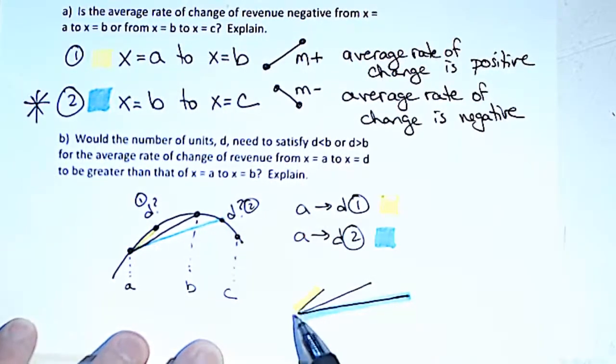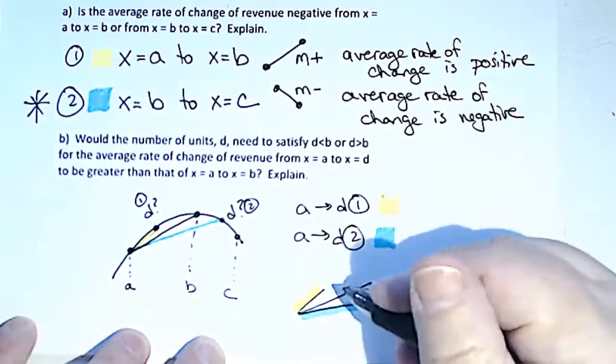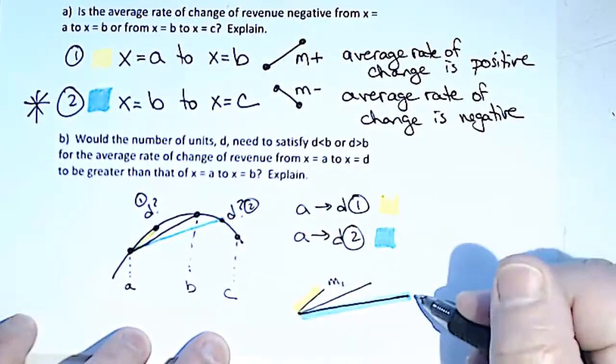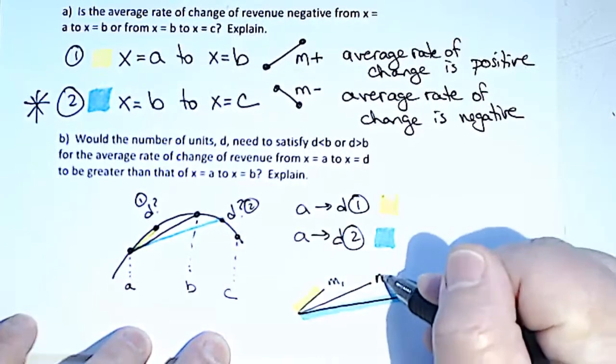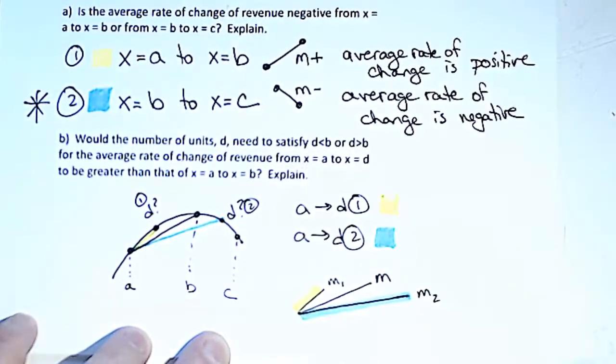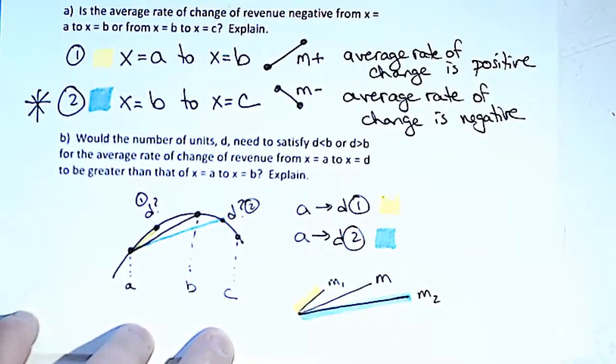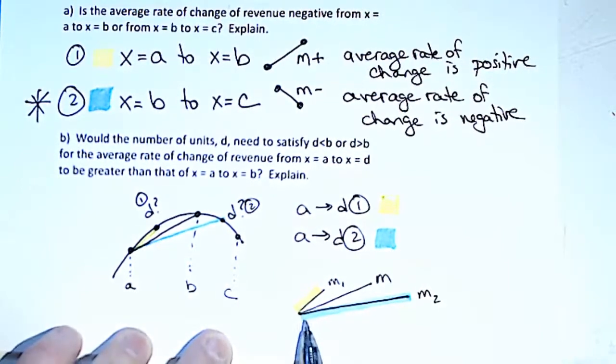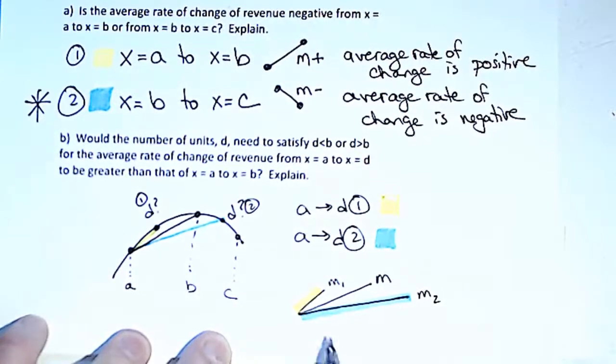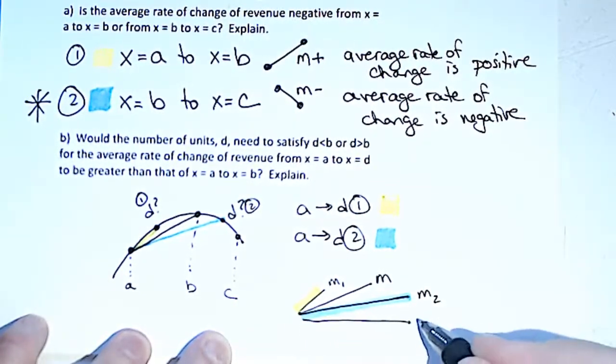And I will look at these line segments and decide, if I have this be M1 and I have this be M2 and I have this be M, what is the order from smallest to largest of the slopes? And I'll remind you that the flattest slope, if it's straight flat, if you go straight across, equals 0.